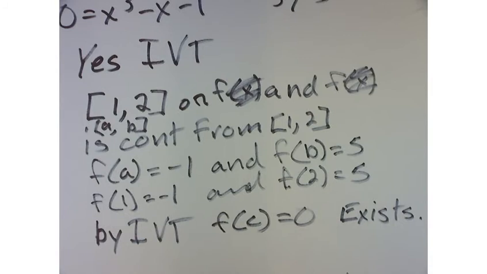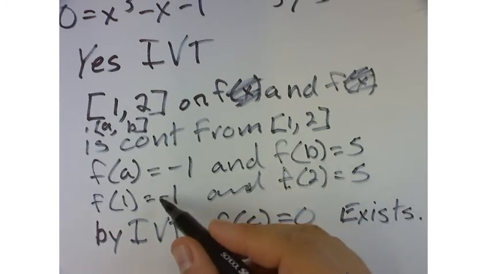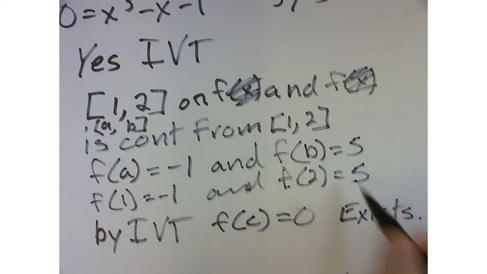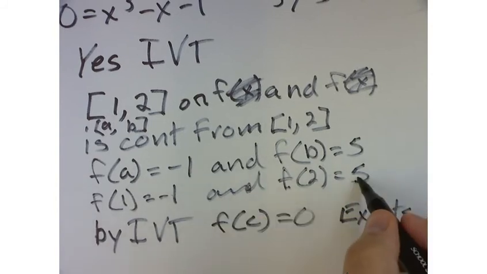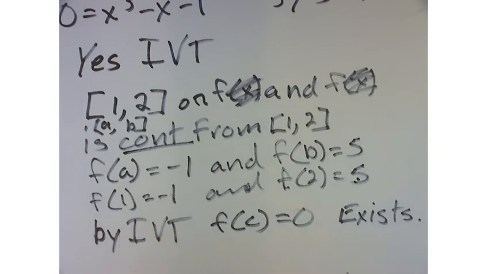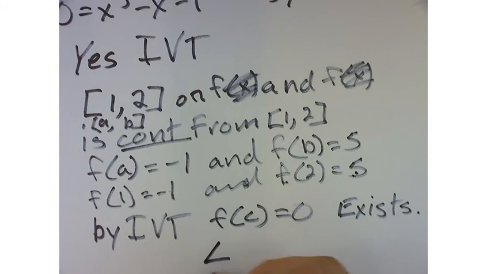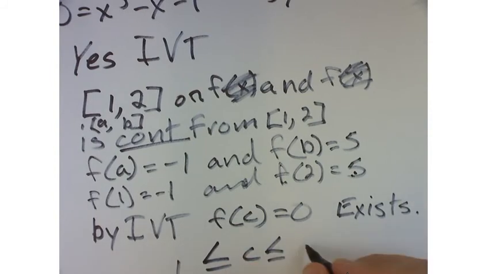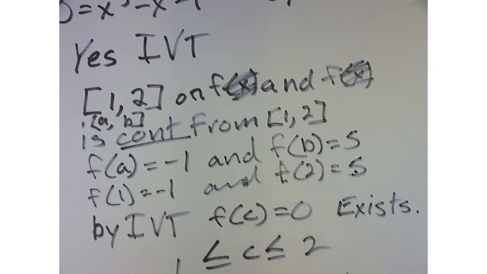How do I know that? Well, because we know that every y value from negative 1 to 5 is defined because it's a continuous function. So then we would say that c must live where? Between 1 and 2. So that's the formality of it.